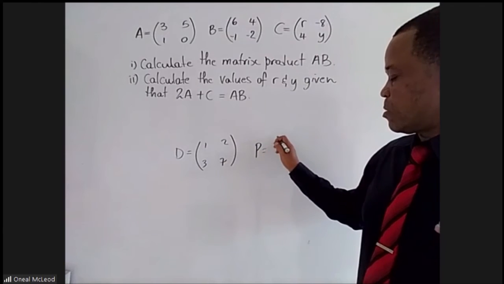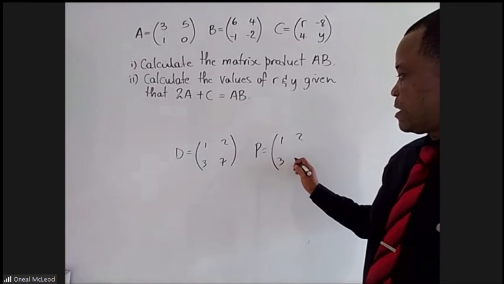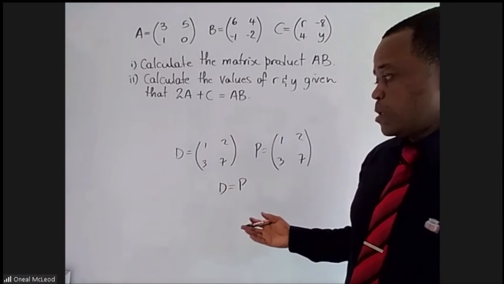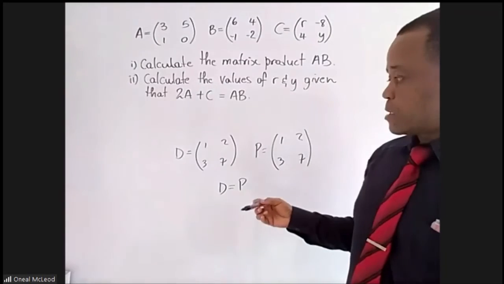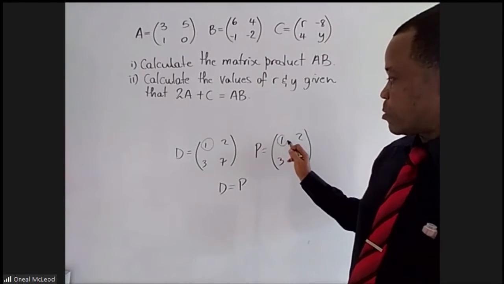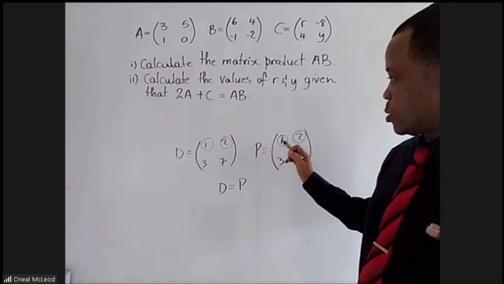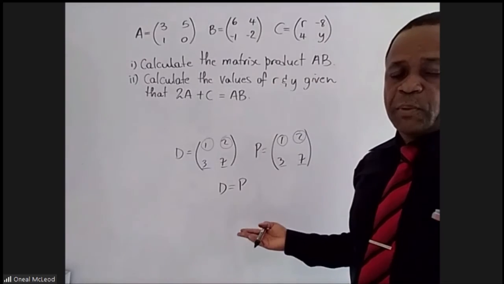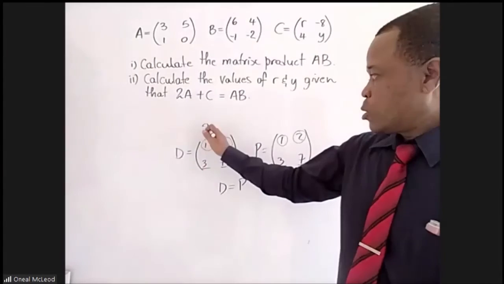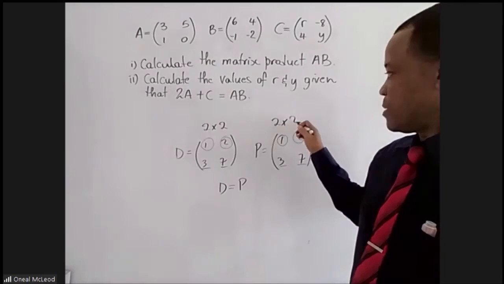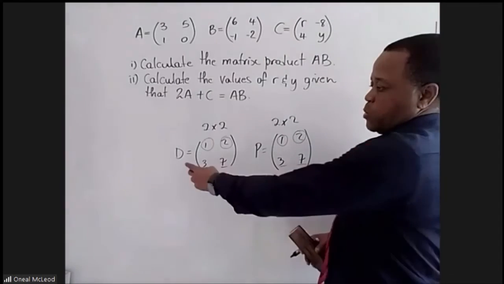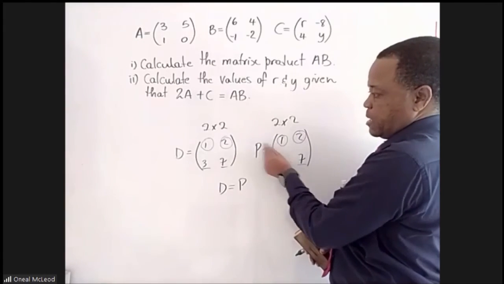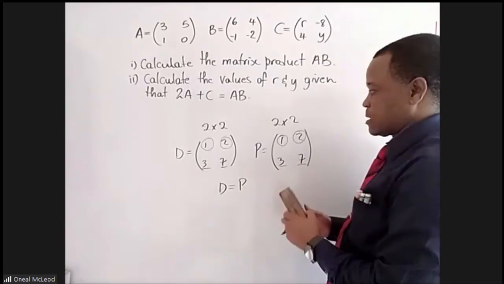And I say P is equal to 1, 2, 3, 7. If I tell you that D is equal to P, you would agree with me, because notice 1 corresponds with 1, 2 corresponds to 2, 3 corresponds to 3, 7 corresponds to 7. So D is equal to P. And they are both 2 by 2 matrices. So two matrices are said to be equal if they are of the same order and corresponding elements are equal. That's what we're saying.